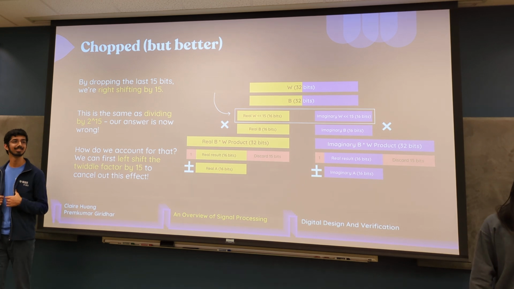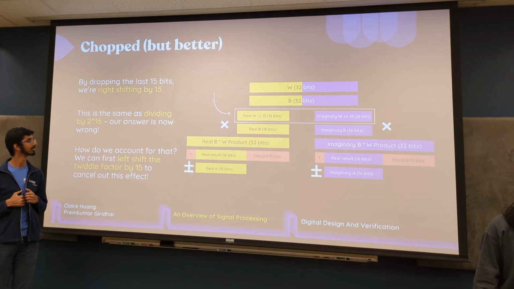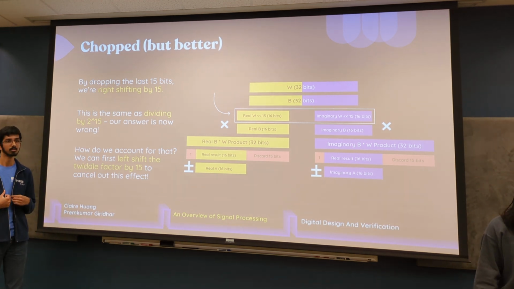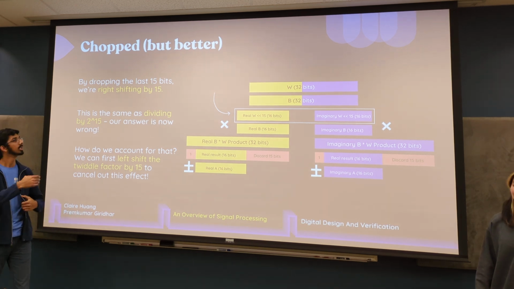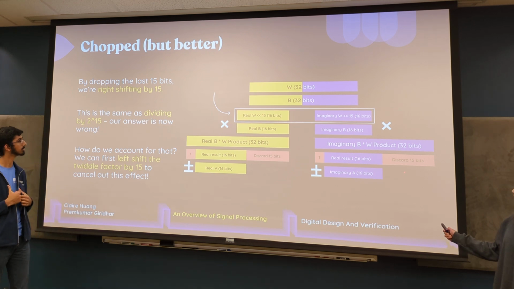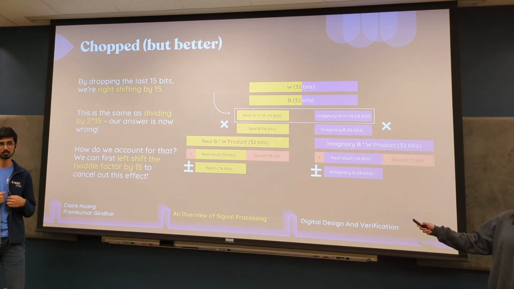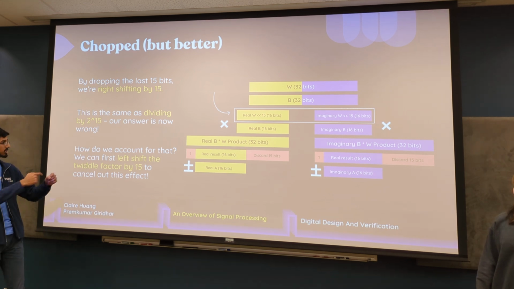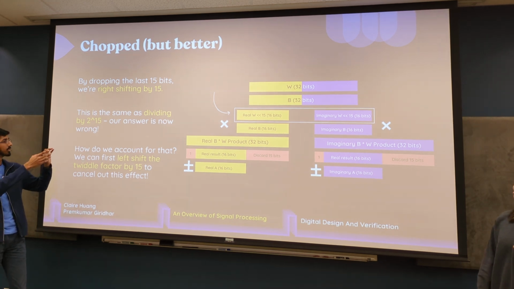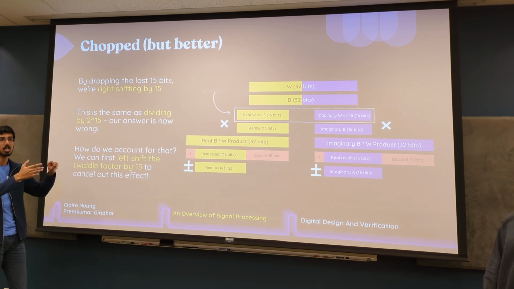When you say real W, like 15, that's a left shift. That's a left shift. Okay, so you are left shifting. Yes, because here we are right shifting, and so we want to cancel that out by left shifting here. The idea is basically, in order to take the 32-bit number that we got as a result and put it in 16 bits, we have to chop off 16 bits somewhere.